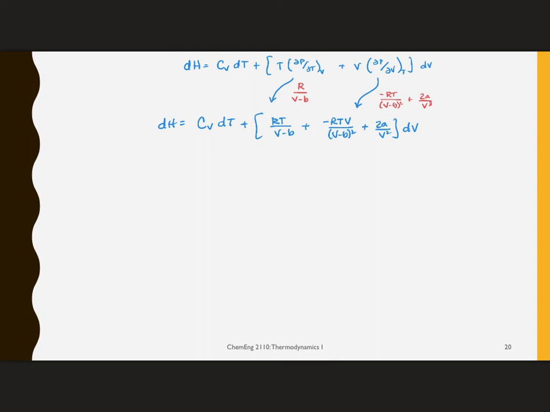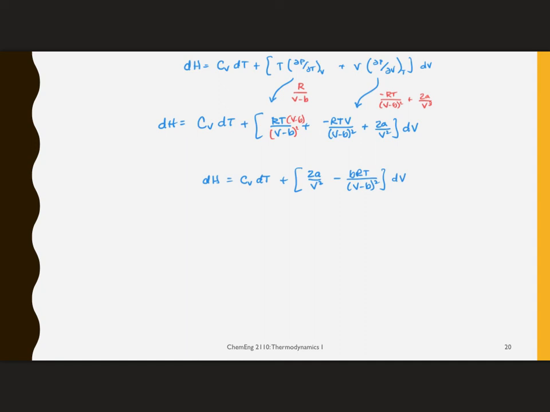I can play a little algebra trick here. I have two terms with V minus B in the denominator, one to the first power, one squared. If I multiply top and bottom by V minus B, I end up with V minus B squared in both of those, and therefore I can combine them and get an ever so slightly simpler equation. dH is C sub V dT plus the quantity 2A over V squared minus BRT over V minus B squared, all times dV.